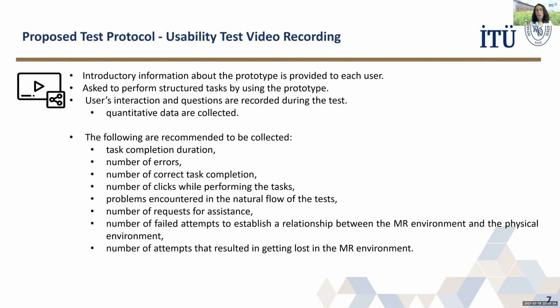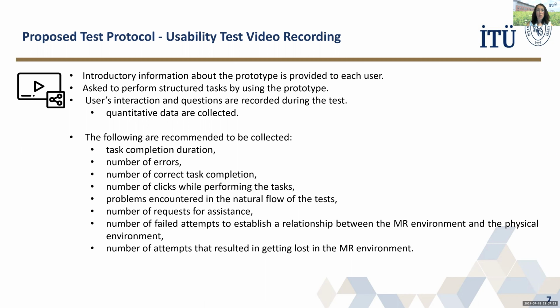In the third step of the proposed test protocol, the usability test is performed and it's recorded by the researchers. First, some introductory information about the prototype is provided to each user, and they need to be asked to perform structured tasks by using the prototype.